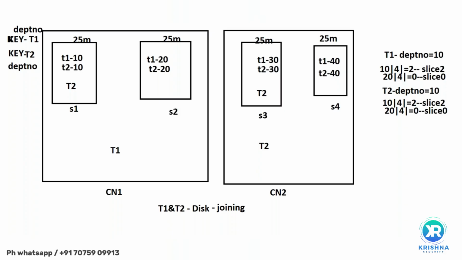Let's say out of the 1,000 people present in room number 30, there are 100 HRs. HRs are very few in number, but let's say 100 HRs are in that room.